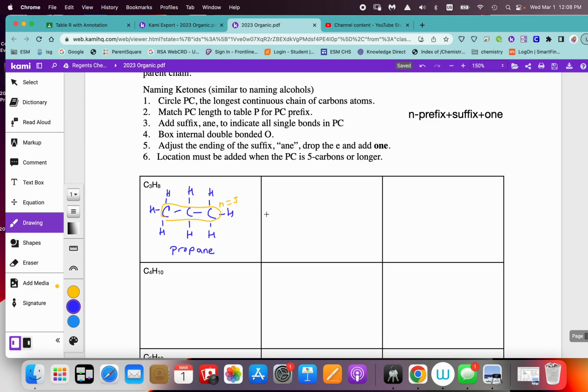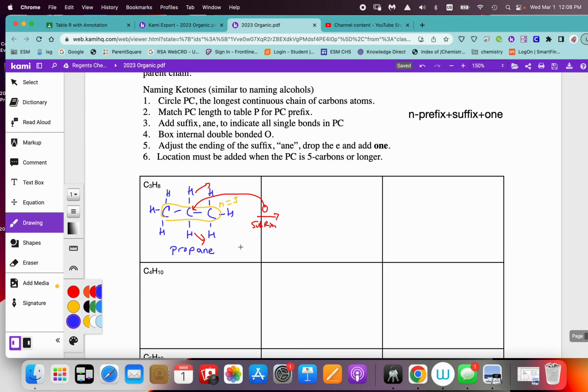Now, if we put this through a substitution reaction, we are going to add an oxygen to the structure. This oxygen is going to come in and it's going to kick those hydrogens out because it wants to attach right there.